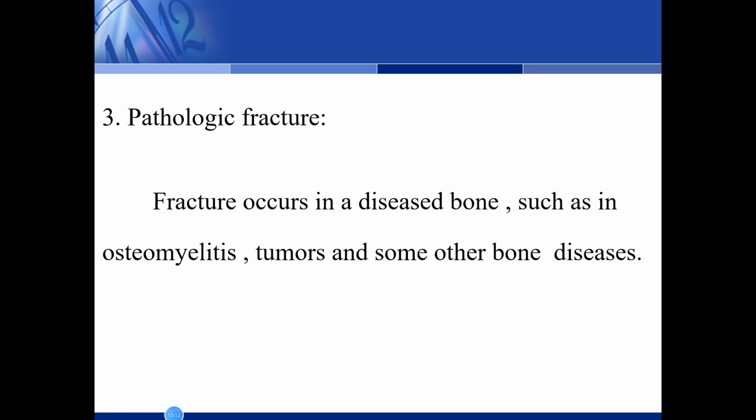Pathologic fracture. Fracture occurs in a diseased bone. So you know that first the bone is diseased, and then the fracture happened in the diseased bone. So we call it pathologic fracture, such as in osteomyelitis, tumors, and some other bone disease.